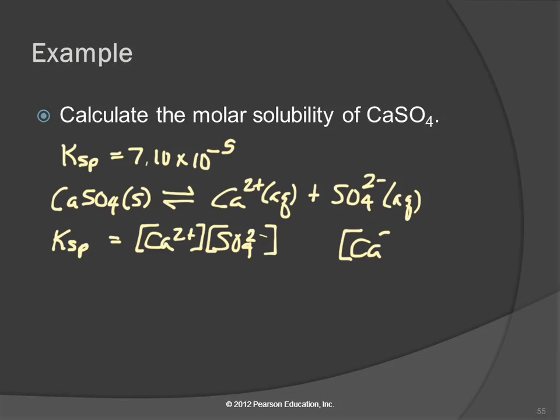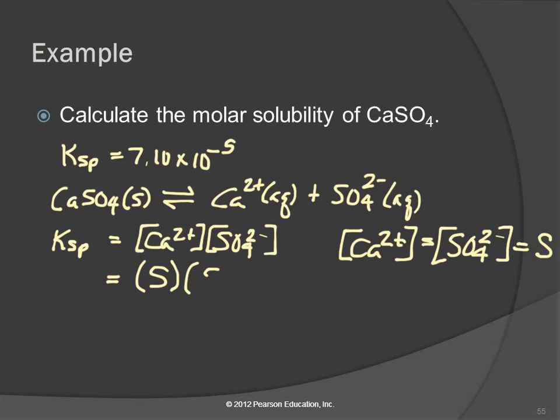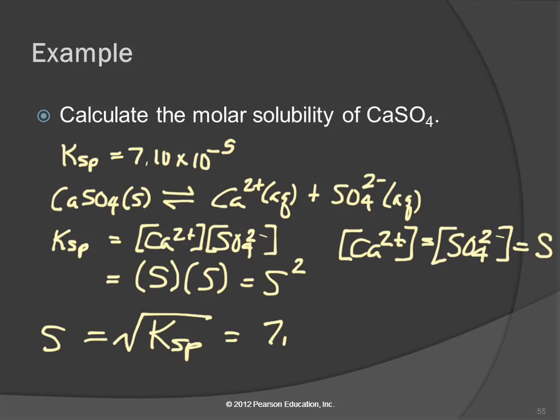The calcium ion concentration will be equal to the sulfate ion concentration, which will be equal to S. So this equals S times S, which is S squared. S ends up being the square root of KSP. 7.10 times 10 to the minus 10, square root, gives 8.66 times 10 to the minus 5.